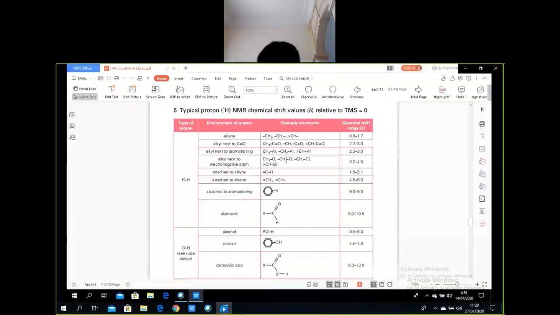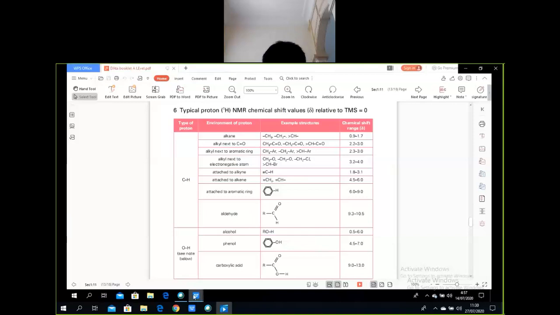We know that in ethanol, CH3CH2OH, the CH2 is next to the electronegative atom, which is O. That's why it has the chemical shift range between 3.2 until 4, right, in here.